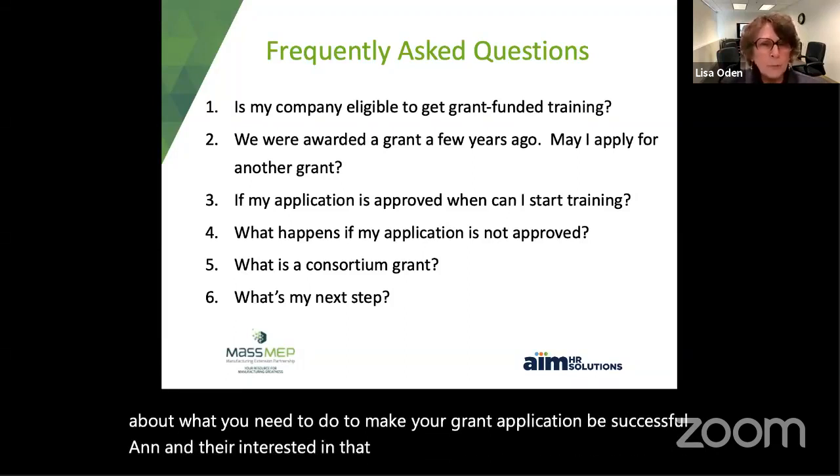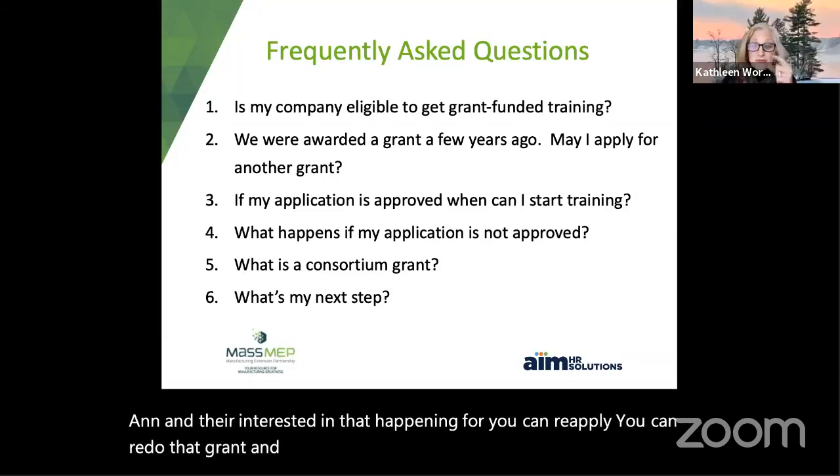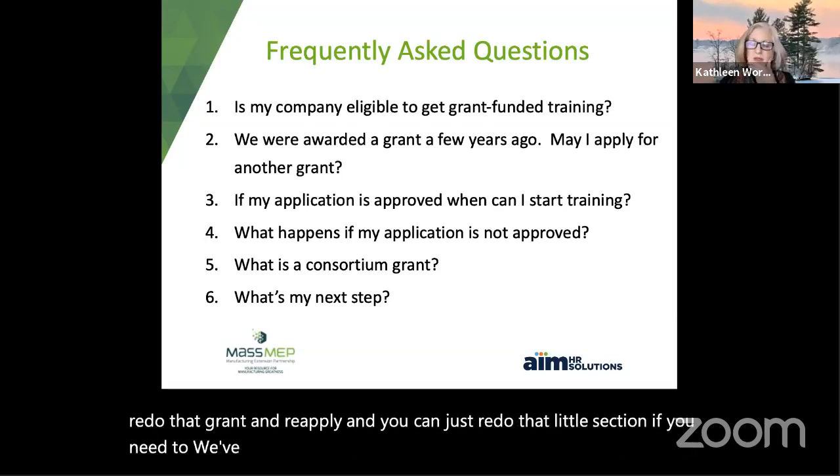You can redo that grant and reapply, and you can just redo that little section if you need to. We've definitely seen that. That's not a big deal. So don't be discouraged.